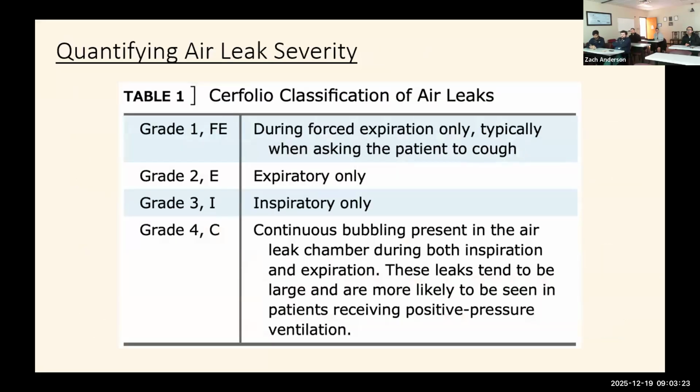So how do we quantify air leak severity? There's a classification called the Cerfolio classification, and it goes grade 1 through 4 with a letter-based subclassification: FE, E, I, and C, which mean forced expiration, expiration only, inspiration only, or continuous.